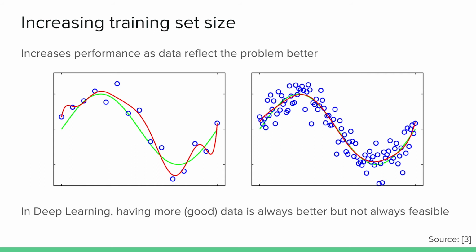So if we add more data points, we can actually mitigate this issue and improve the quality of our network. And in deep learning, it's one of those things where having more good data that comes from our underlying distribution and is independent is always better.